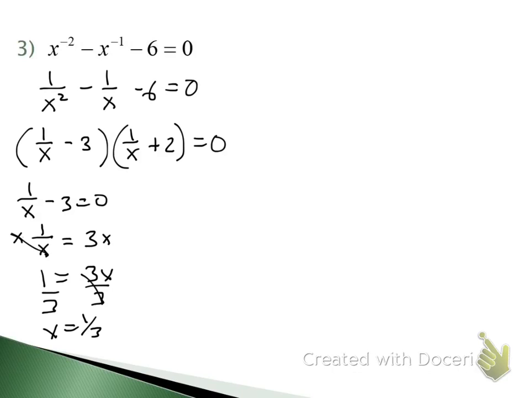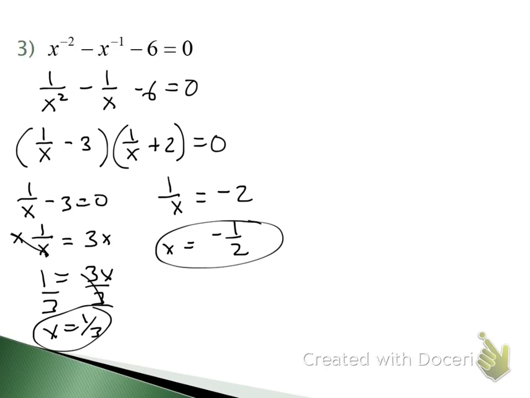Let's go to the one on the right now. When I have 1 over x equals -2, would you agree with that? Why don't we just trade places and say x equals -1/2? That makes a lot more sense. Over here on the left, I showed you algebra.